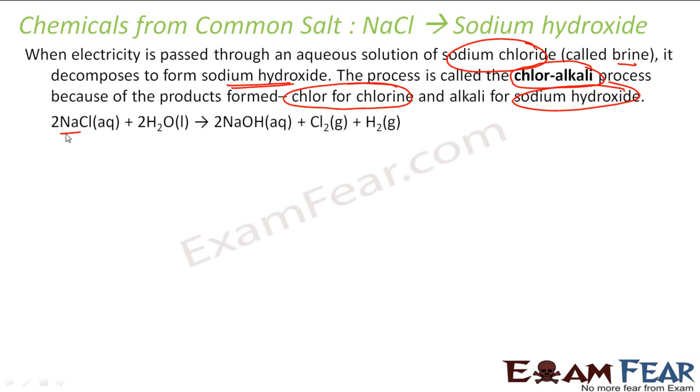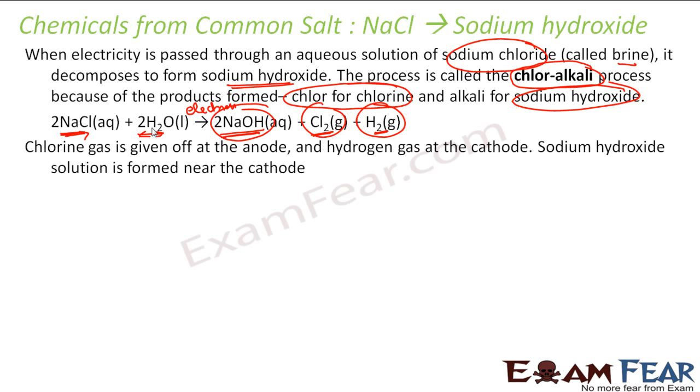So the reaction is like this: you have this sodium chloride, this common salt, you add water, you get aqueous solution, you pass electricity, so it gives sodium hydroxide, chlorine and hydrogen gas. And all these are useful gases actually. Hydrogen and chlorine gas are useful gases, and sodium hydroxide is also useful, right?